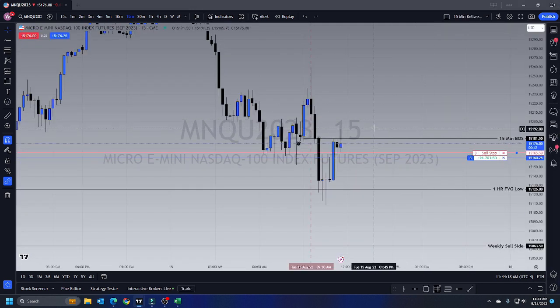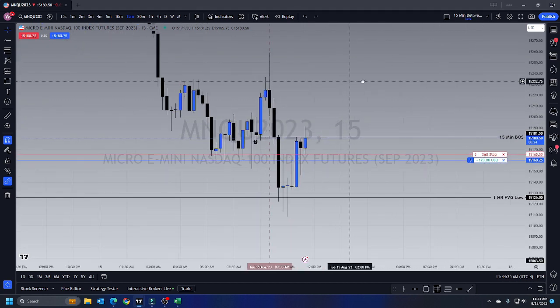So 15 minute bellwether chart, what am I looking at? I would love to see a 15-minute break of structure. So this candle only has another 30 seconds left. What I want to see is this candle close above this high, which would technically give us a break of structure.